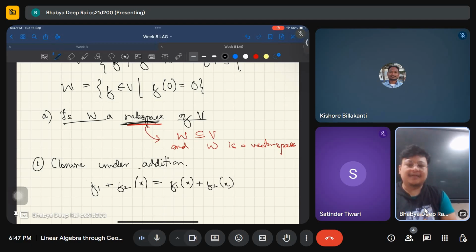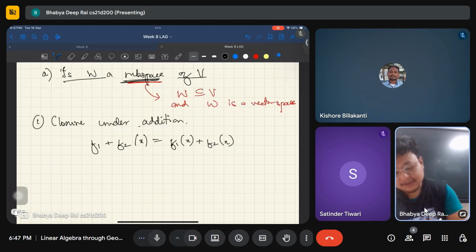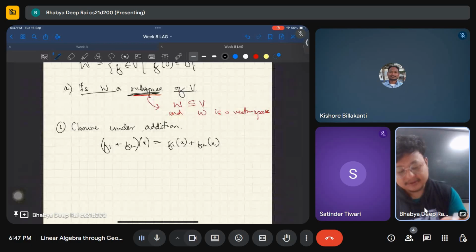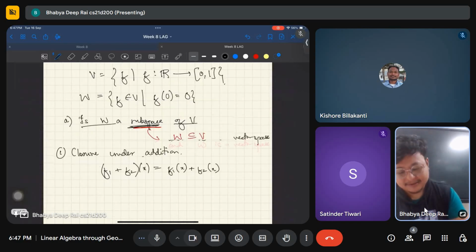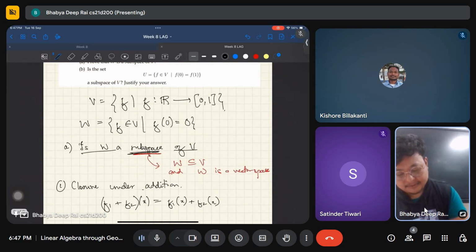This is a very natural thought, right? This is what I mean by adding functions. So is it closed under addition? Let's see that.